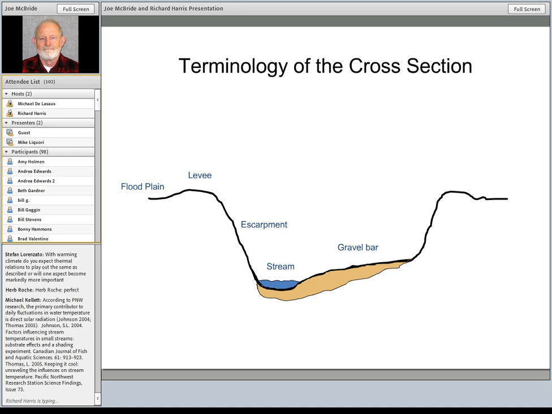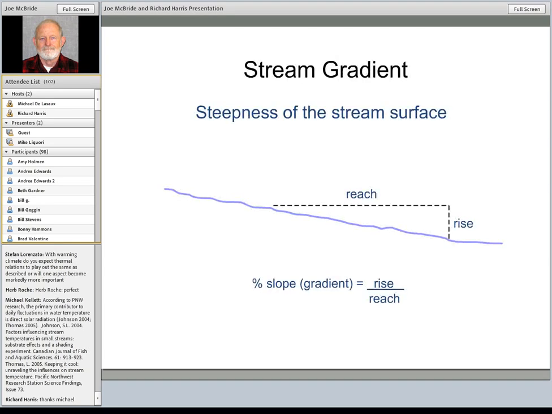The stream, of course, is the body of water at the bottom of the cross-section, and it often sits on a gravel bar in the lower reaches of streams. The escarpments are the banks dropping down to the gravel bar or to the stream itself, and in lower reaches of streams we also often have natural levees that have built up by deposits upon the floodplains of the streams.